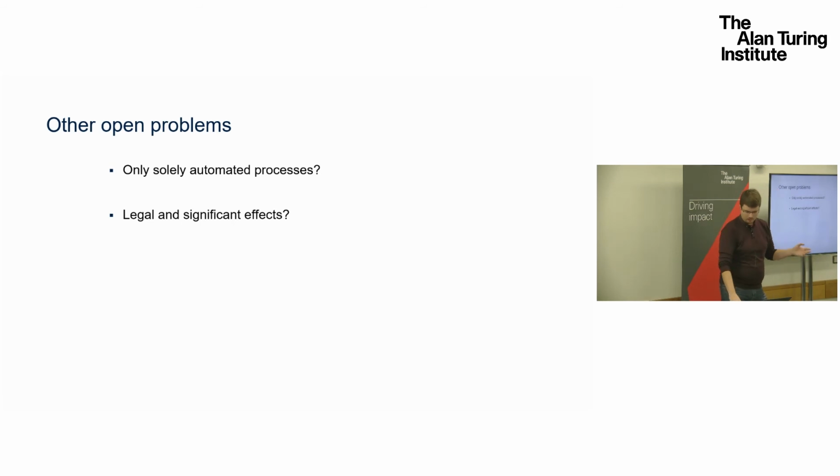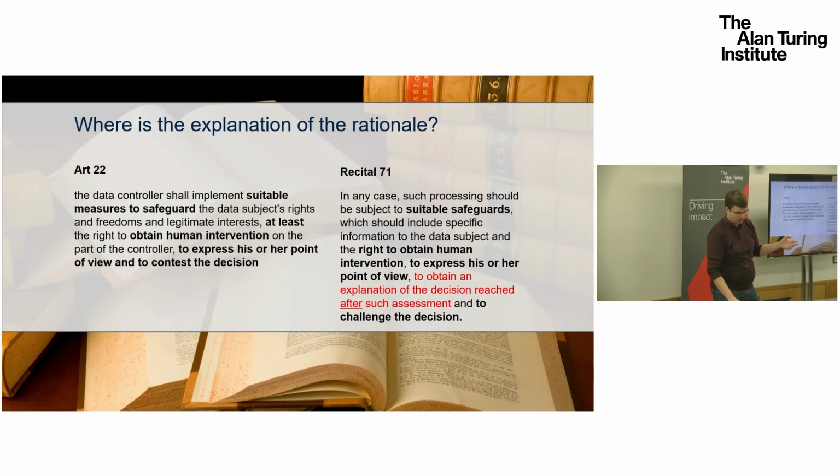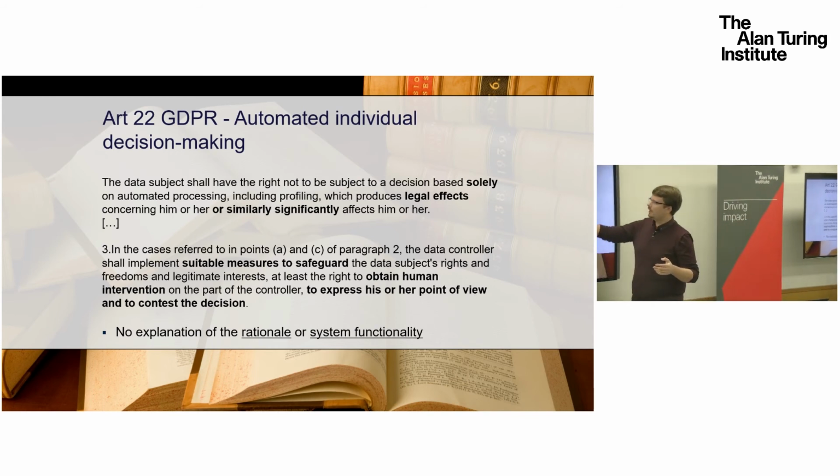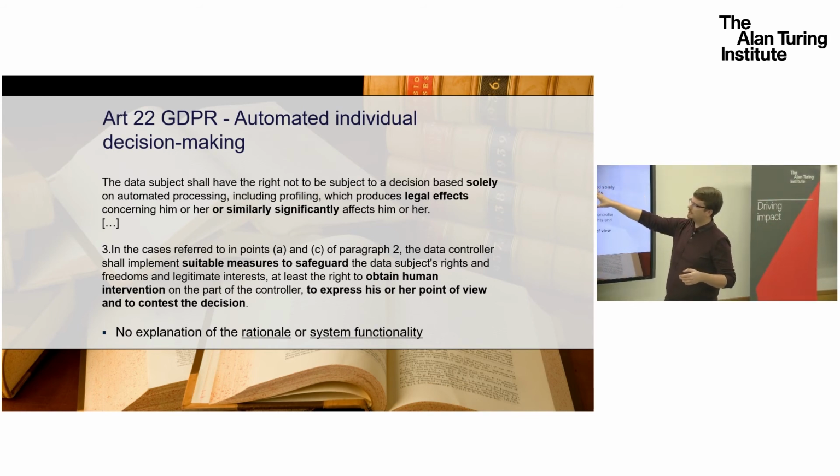So I skipped over this bit, but I'll go back to the law because it's a bit easier to view it this way. What you're looking at here is the text of Article 22 of the General Data Protection Regulation. That article has to do with automated individual decision making. It's essentially about algorithmic decision making.